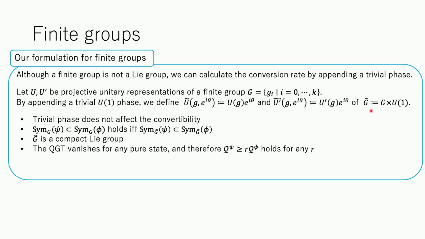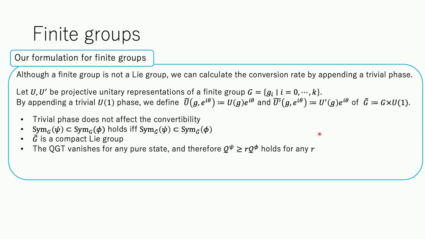Importantly, a trivial phase does not affect the convertibility, and it also does not affect the inclusion relation of the symmetry subgroups. Since G̃ is now a compact Lie group, we can apply our formula.